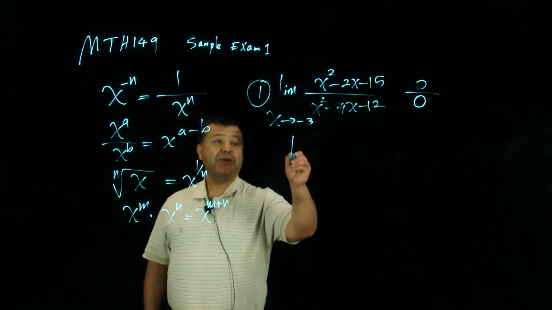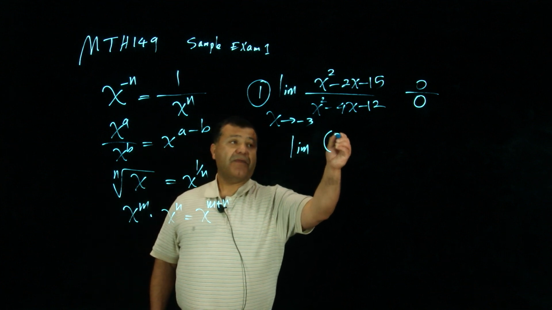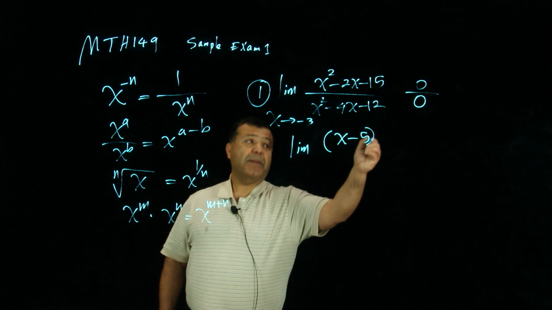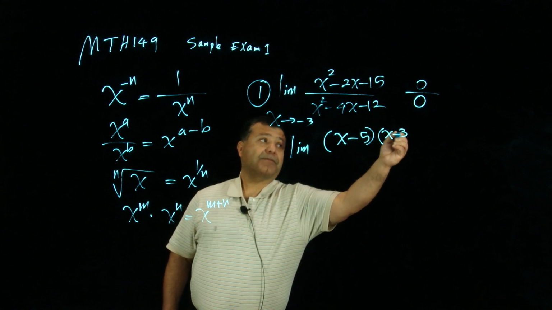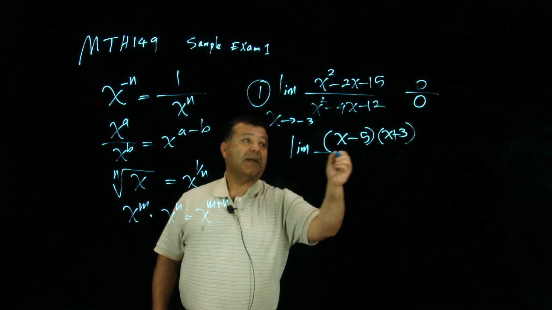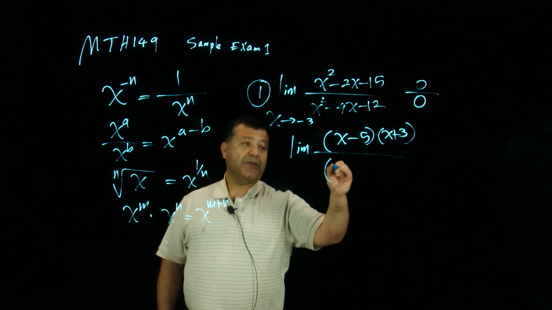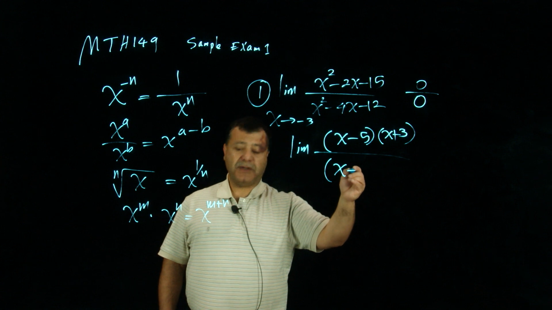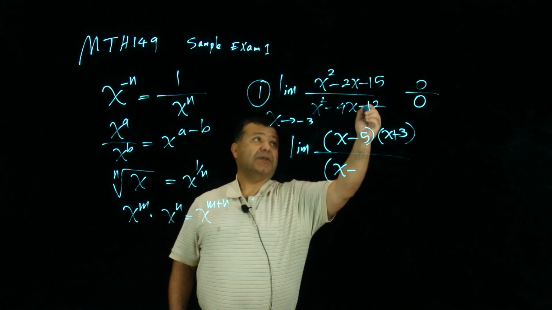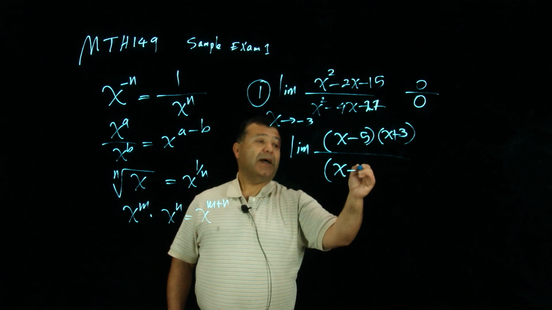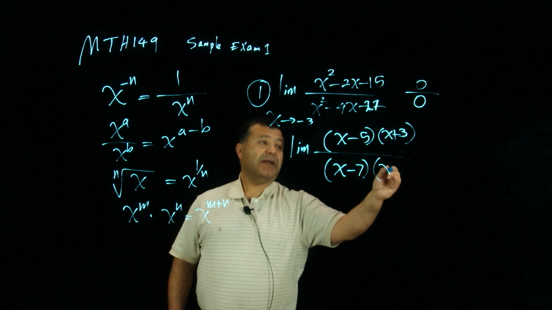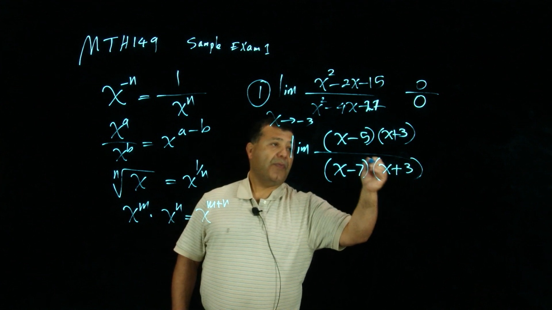Basically, what you're going to do is you're going to factor your numerator and denominator. X minus 5, x plus 3, and the denominator is x minus 7, x plus 3.